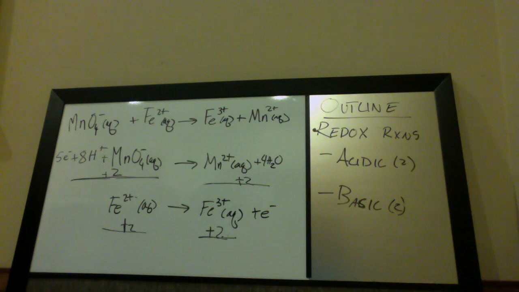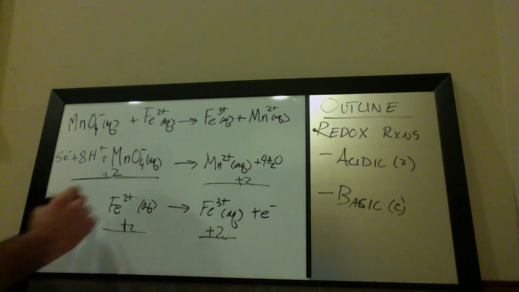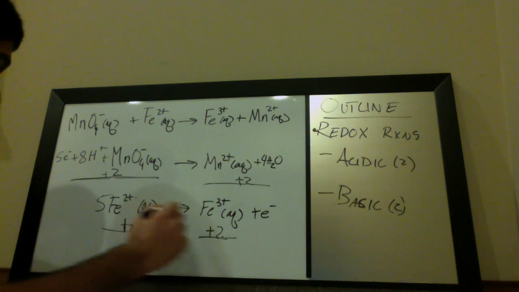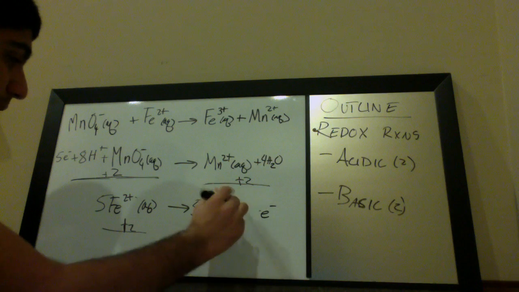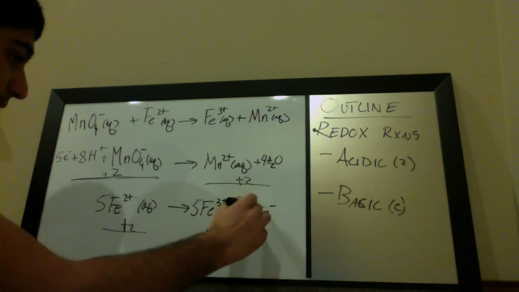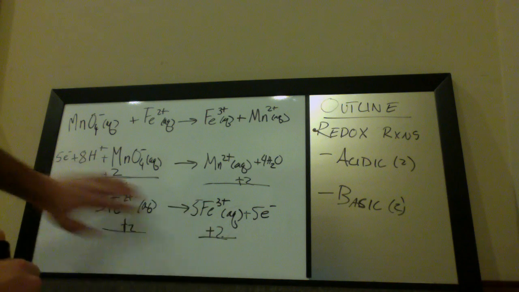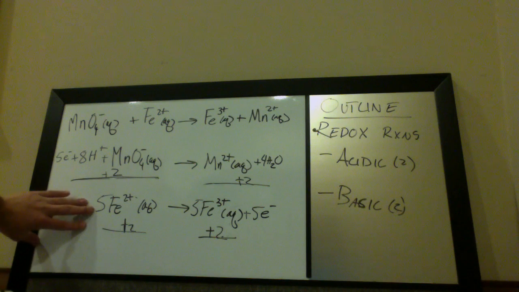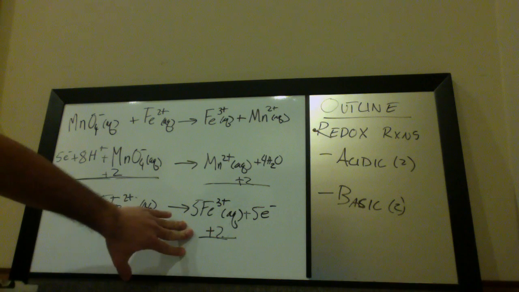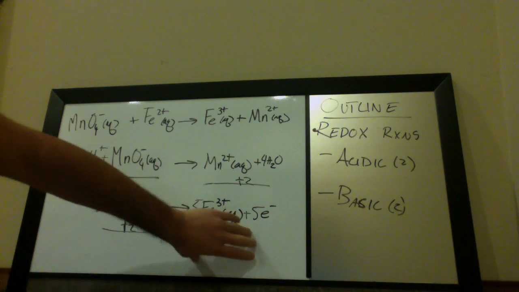I'm going to multiply this half reaction by 5, because then I can have 5 electrons on the product side when I make the overall reaction, and I can have the electrons cancel out. So now this reaction is 5 iron 2 yields 5 iron 3 and 5 electrons.